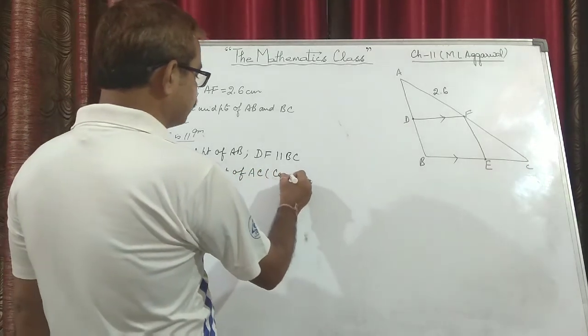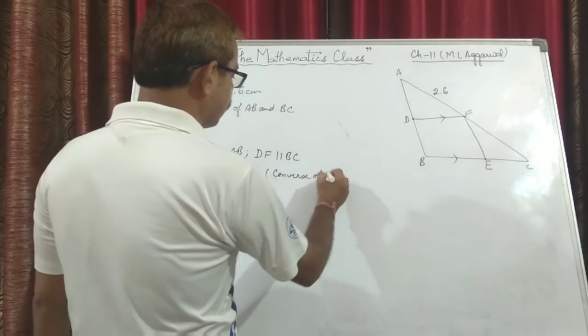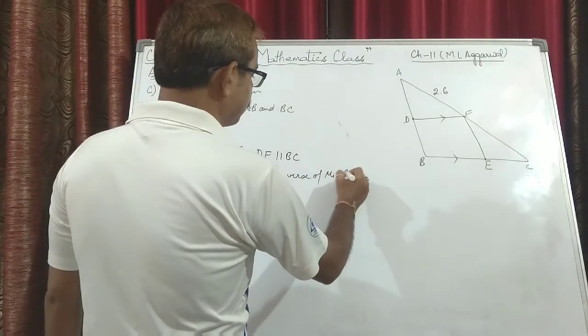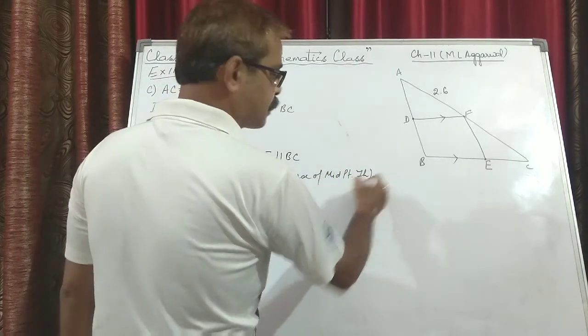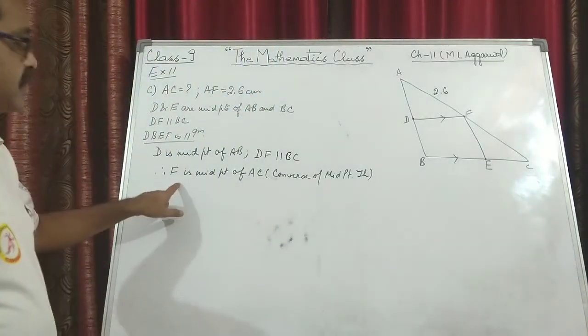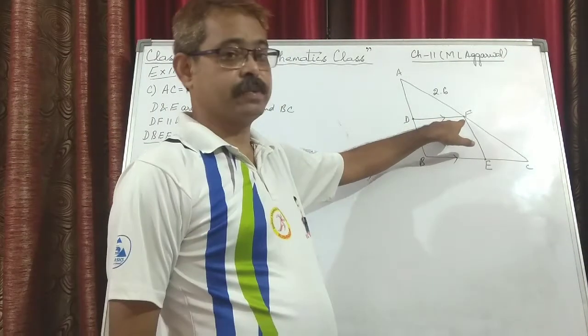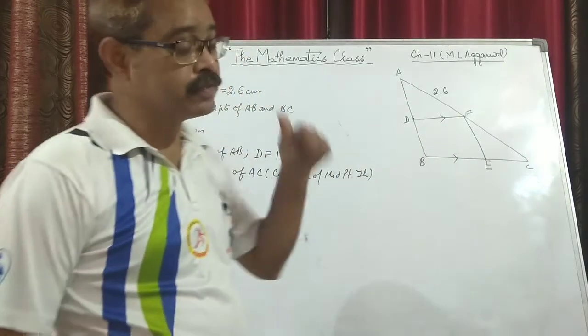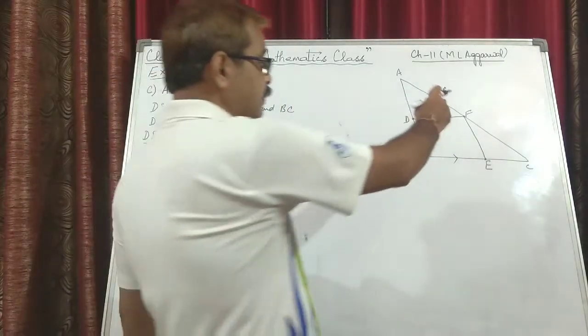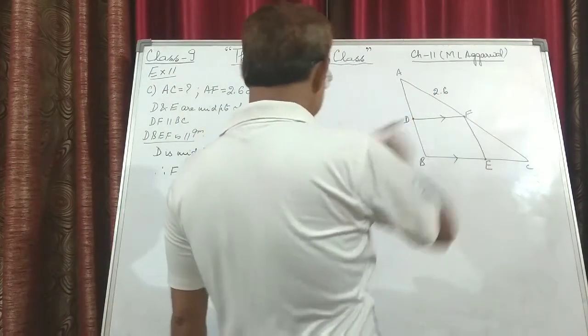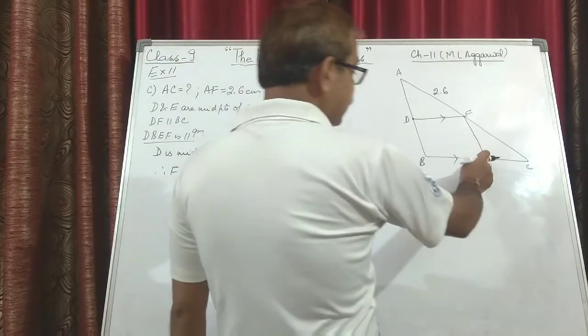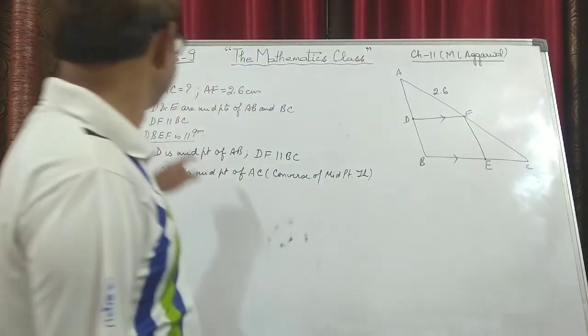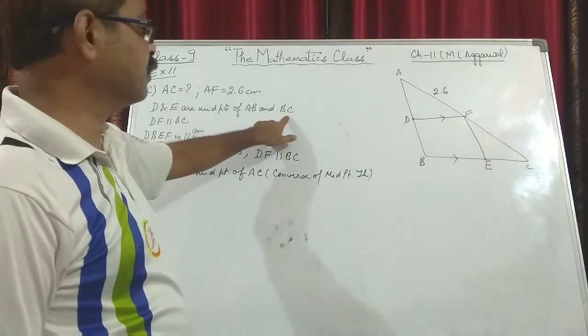Why? Because of the converse of the midpoint theorem. It was not given that F is the midpoint, so first of all, we have to prove that F is the midpoint. Now F is the midpoint, we have already proved, and E is the midpoint. It is given that E is the midpoint of BC.